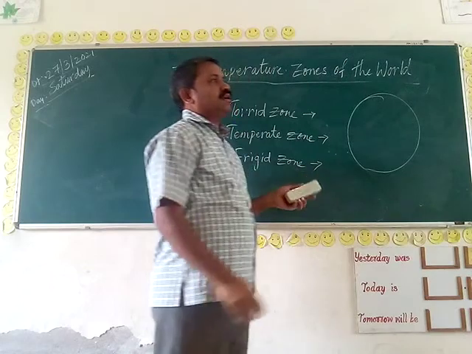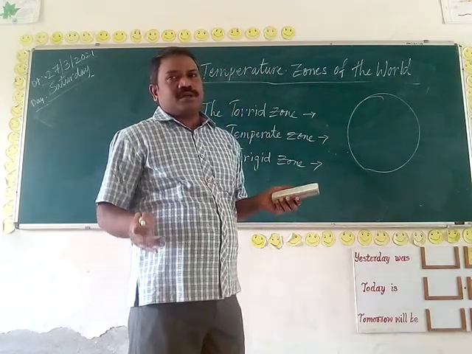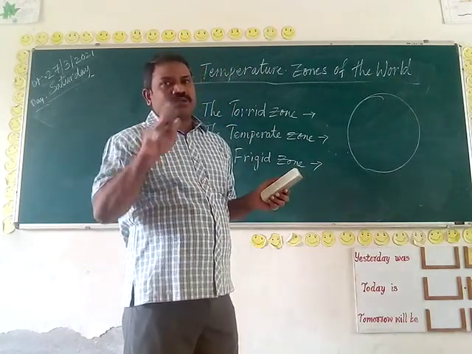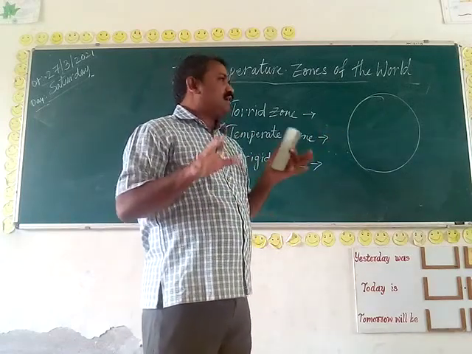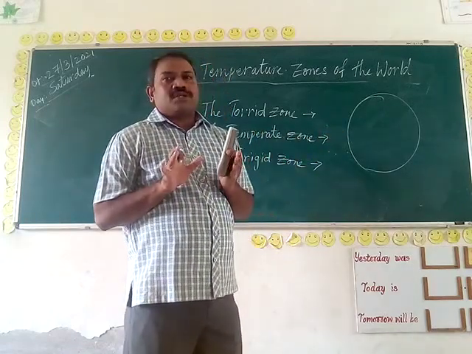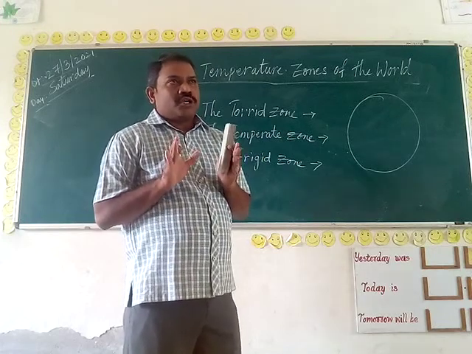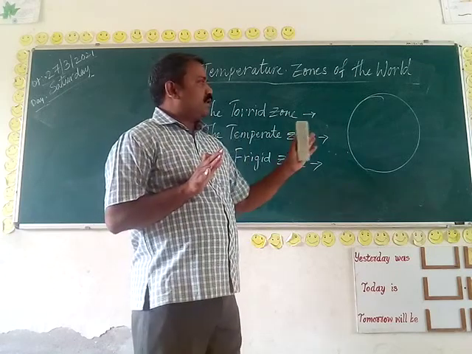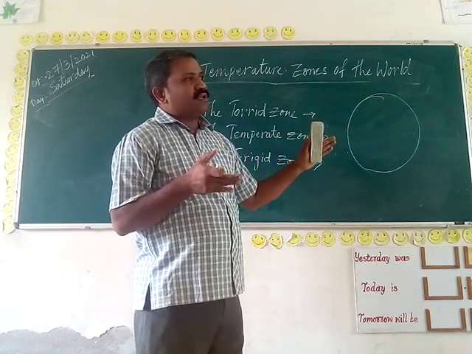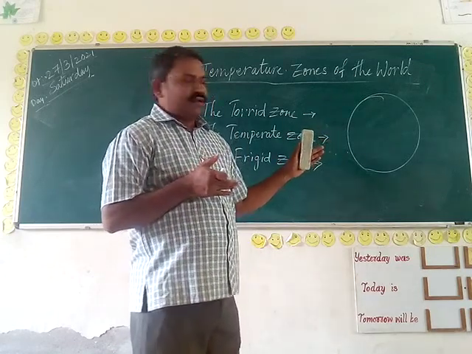As you all know, our Earth is shaped like a sphere, so the entire Earth does not receive the same level of sunlight. Different places receive different levels of sunlight.